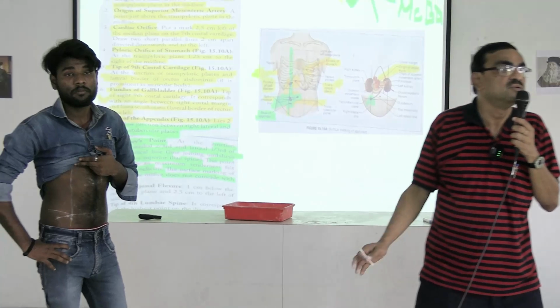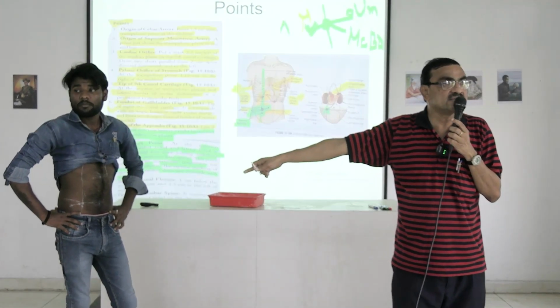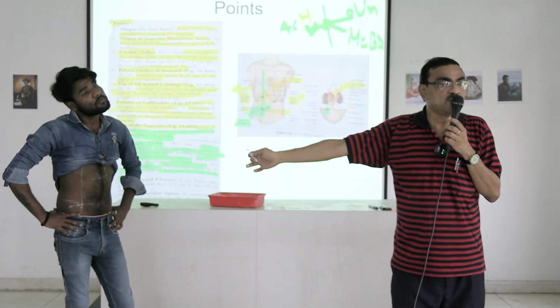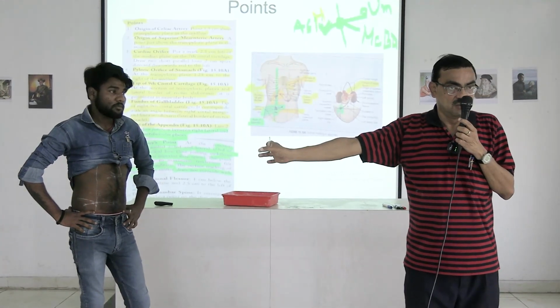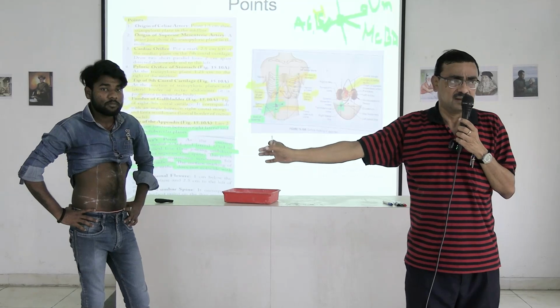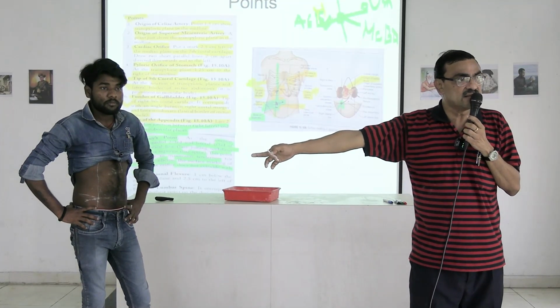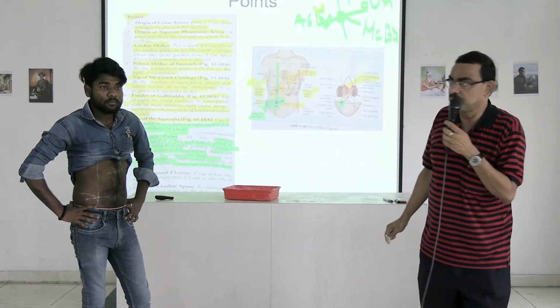How will we draw it? We will join the anterior superior iliac spine and the umbilicus, and we have to search for the junction between medial 2/3 and lateral 1/3 of the line, and that point is McBurney's point.